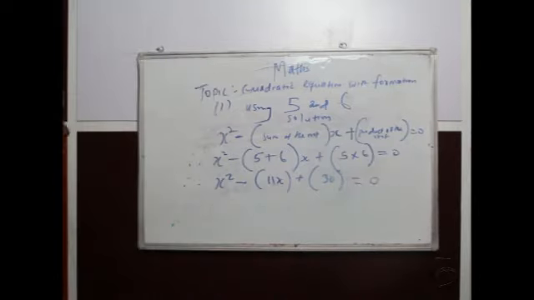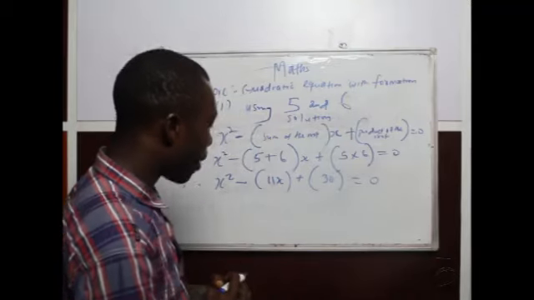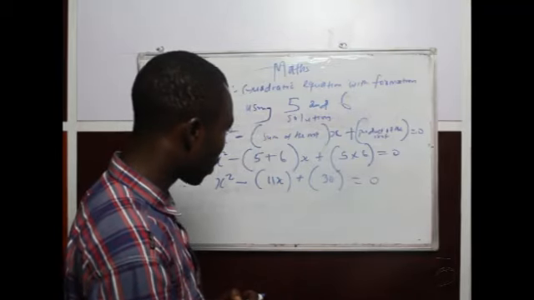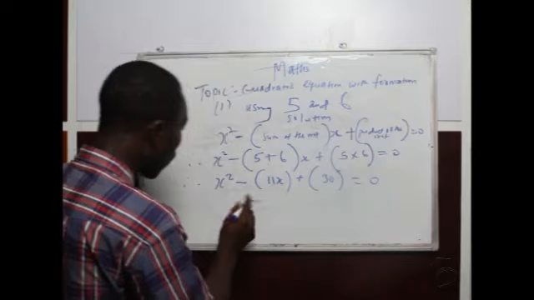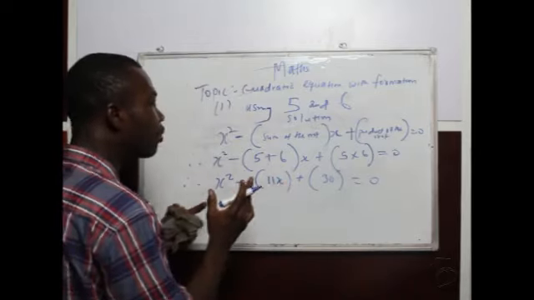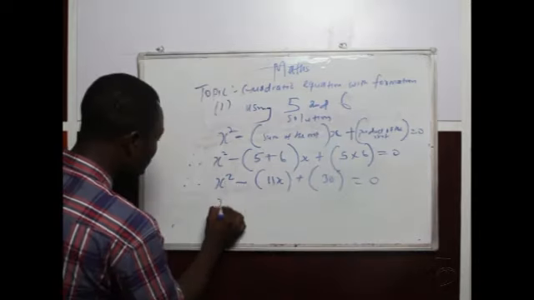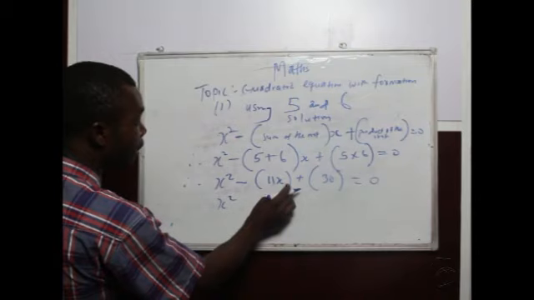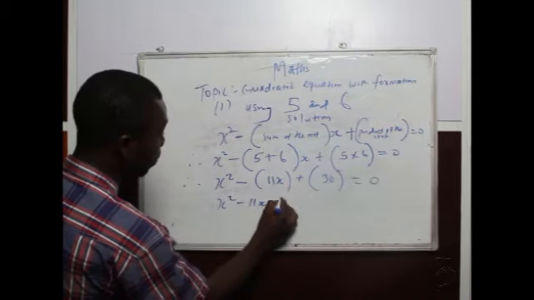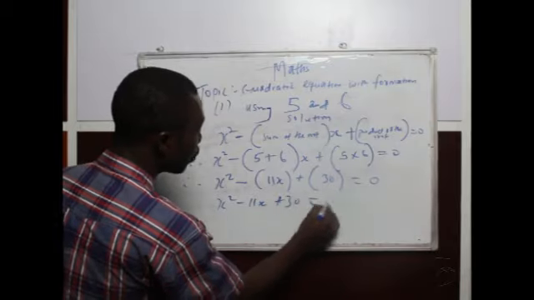We have seen how this equation can be formed. Therefore, let us open our brackets. We have to expand the bracket so as to find our equation. x squared minus times 11x will give us minus 11x, plus times 30 will give us plus 30, equal to 0.